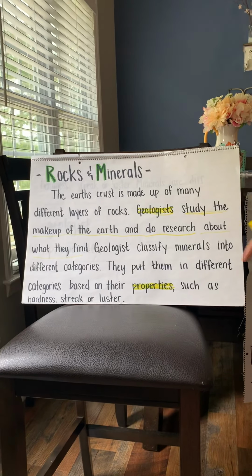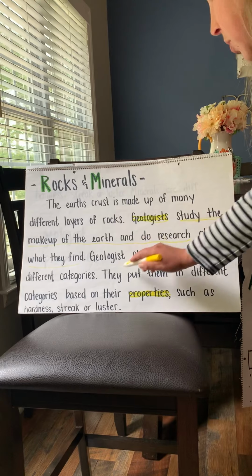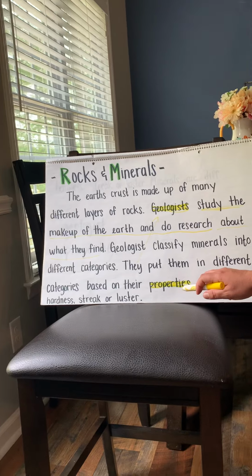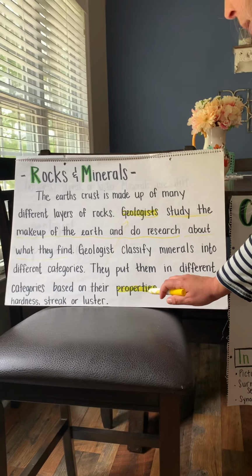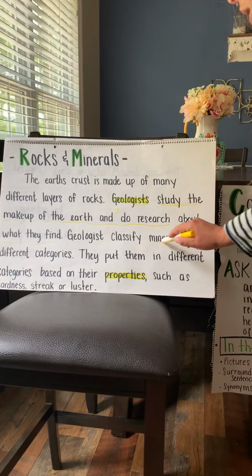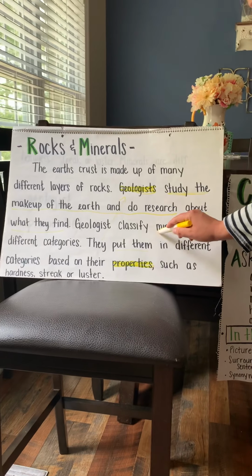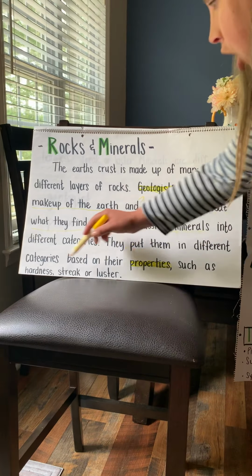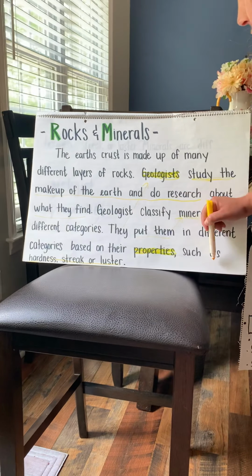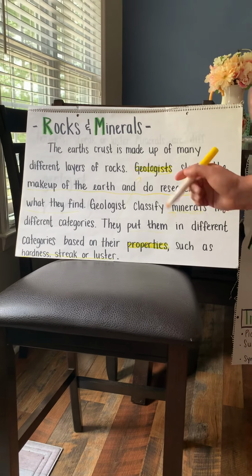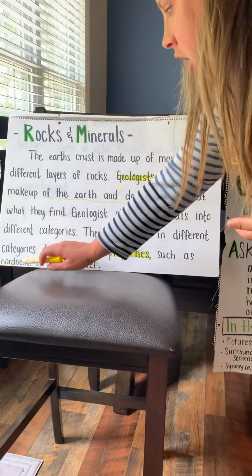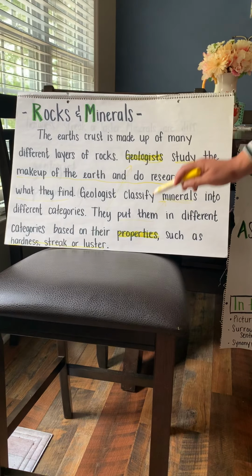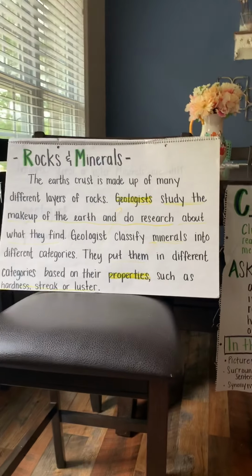All right, so properties I'm gathering are something that geologists use to help them put the minerals into different categories, such as hardness, streak, or luster. So the properties are the categories: hardness, streak, and luster. These are the properties of the minerals that are put into the different categories.